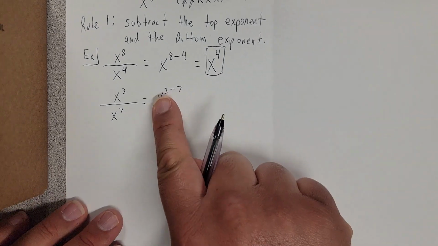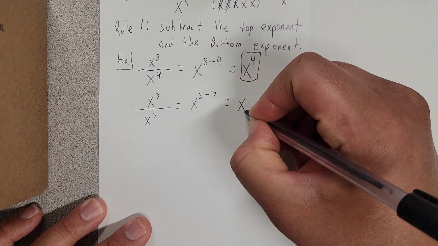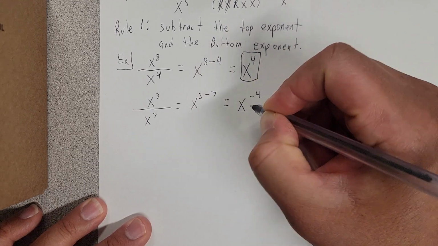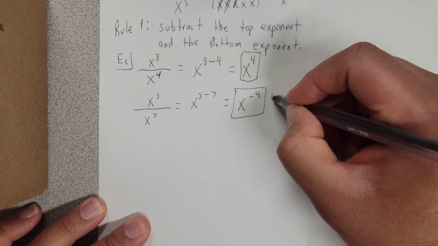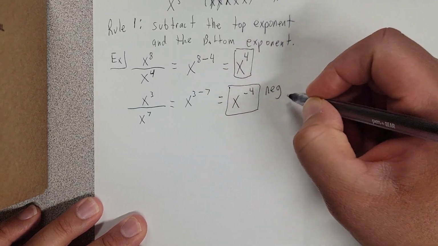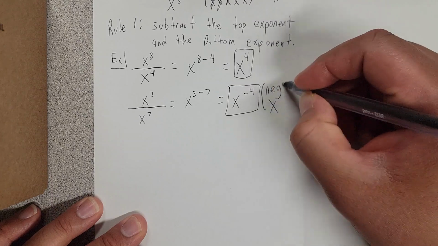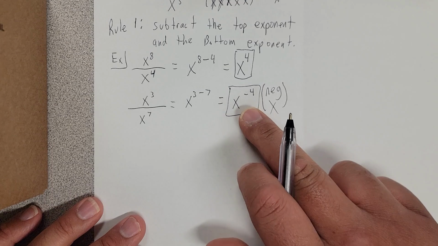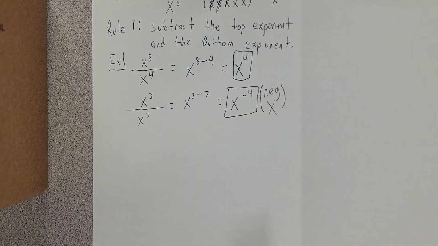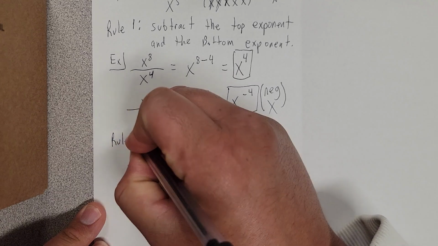Now you put this in the calculator, 3 minus 7, that's going to be -4. Alright, but we don't want negatives. So we don't want no negative exponents. So this is why we have rule number 2. Rule number 2 works a little bit better.